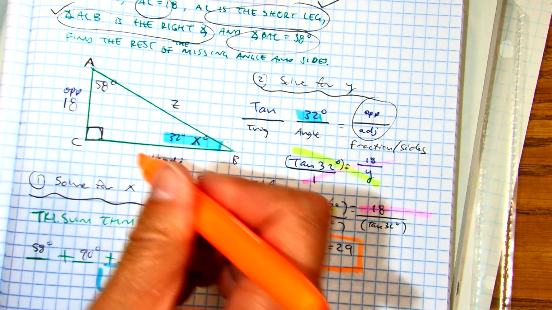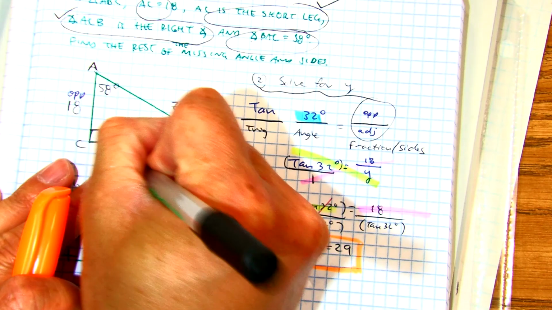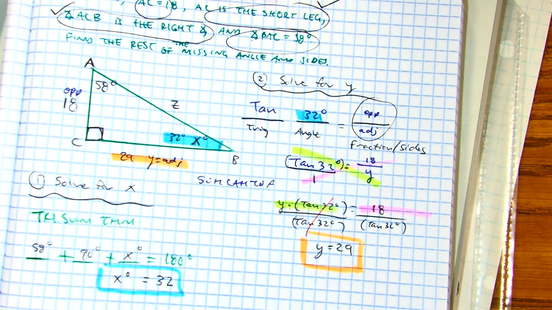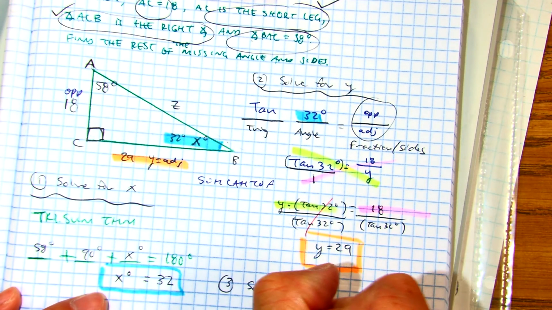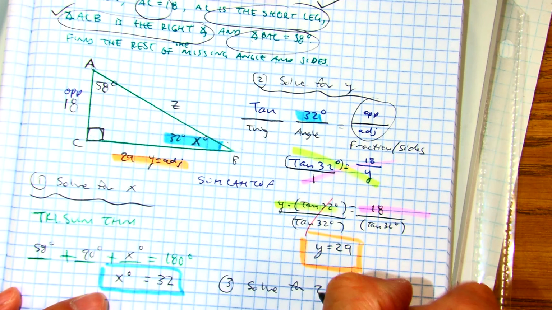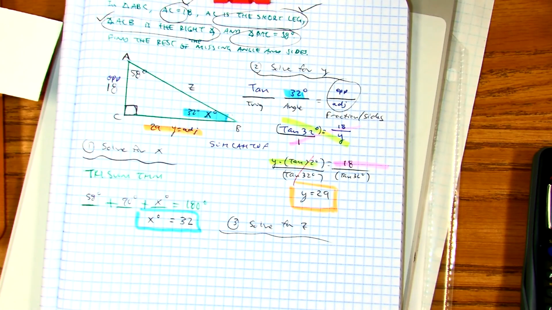Now, tell your partner, what are some ways now we can solve for Z? Raise your hand, SOHCAHTOA. Raise your hand, Pythagorean theorem.